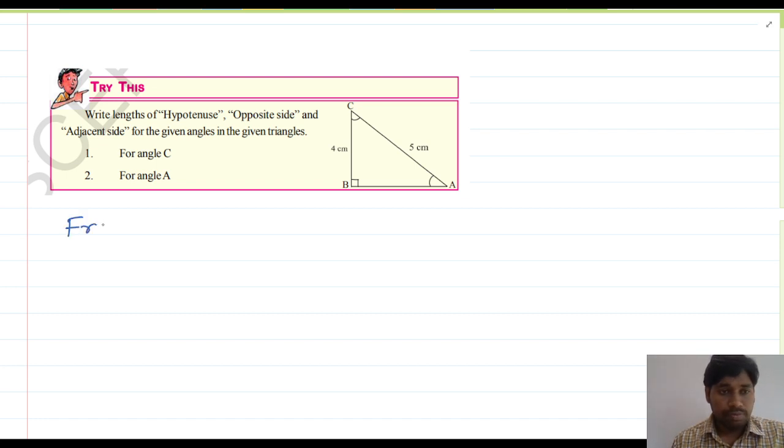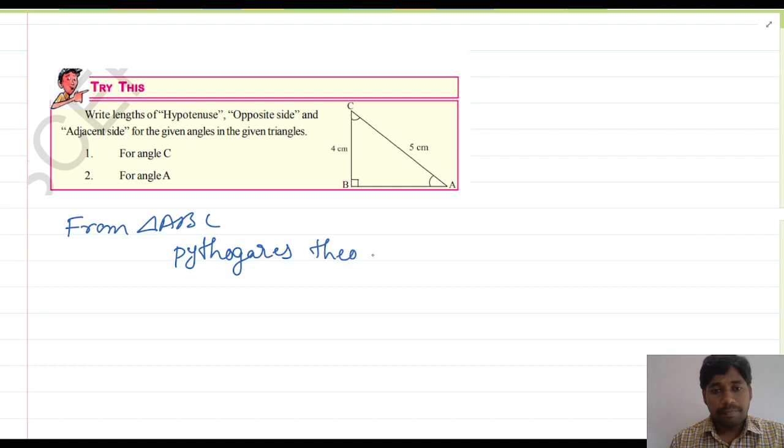So from triangle ABC, the Pythagoras theorem says that the hypotenuse square is equal to the sum of squares of the adjacent sides of a right angle, that is AB square plus BC square.